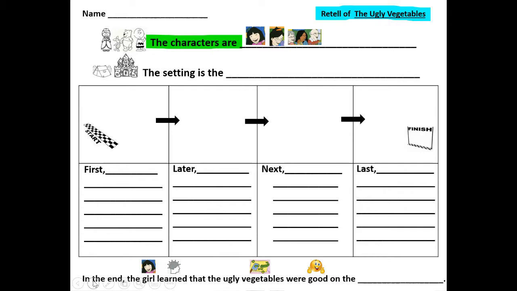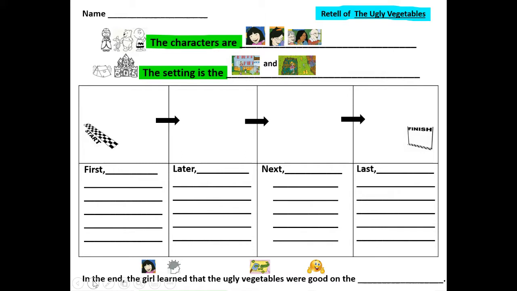The setting. Where did the story take place? You can say the setting is... I'll give you a hint. The setting is the girl's house and the neighborhood outside, the gardens.